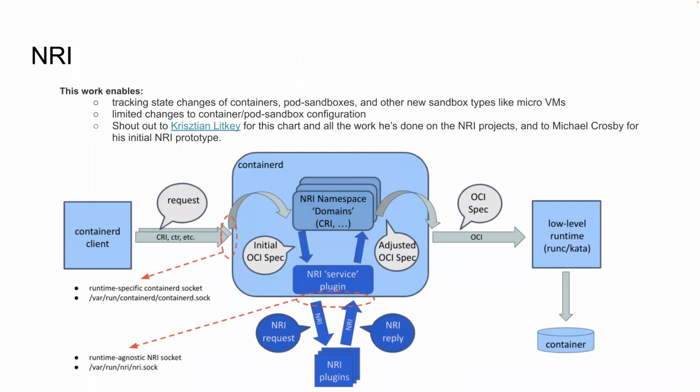So NRI is another plugin interface we've been working on. There was an initial version of NRI that came in maybe a year or two years ago. It's similar to CNI, but instead of focusing on setting up the network namespaces, it's for setting up device resources, such as block devices or GPUs. There's a long pool of devices that need to be added to a container, but also have to be managed directly from the host.